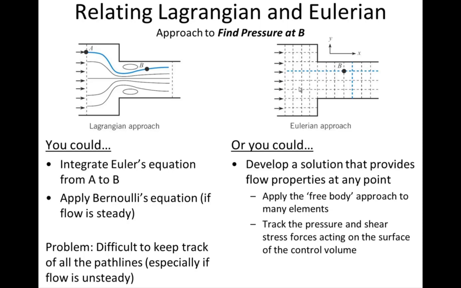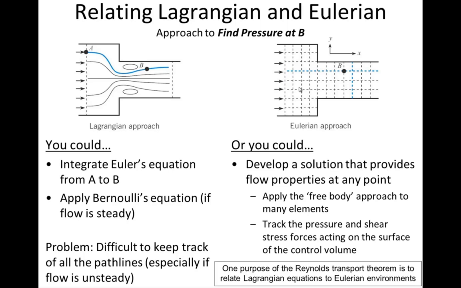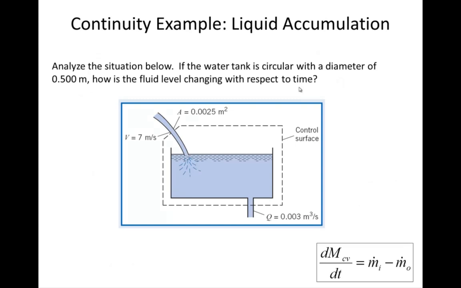Keeping track of all of the changes over the flow field will allow you to apply concepts that we typically would require a Lagrangian approach, would allow us to apply Bernoulli's equation or Euler's equation to an environment that is mesh-based. So that little bit of fundamentals aside, let's consider a practical application of the Reynolds transport theorem.